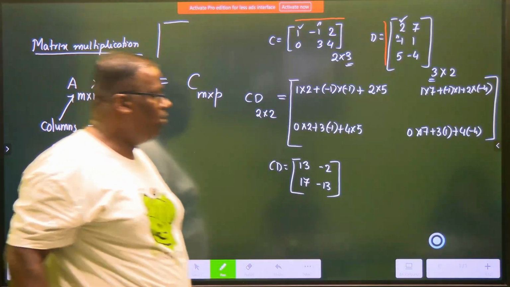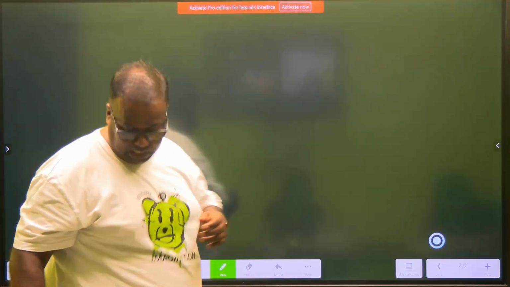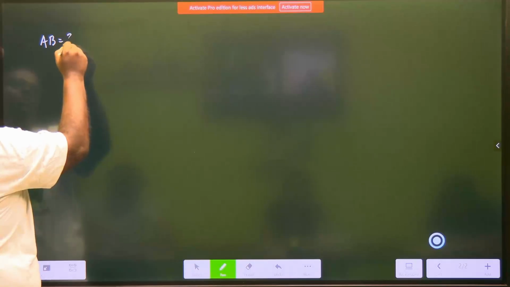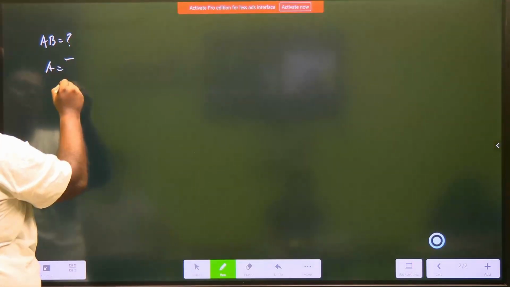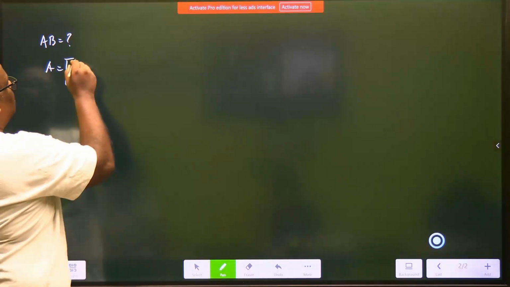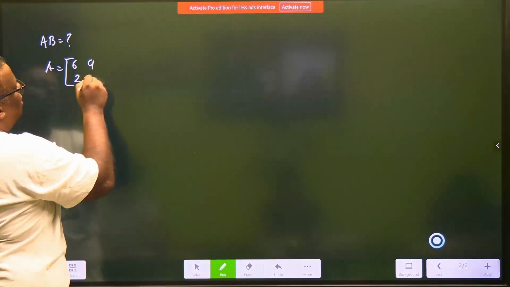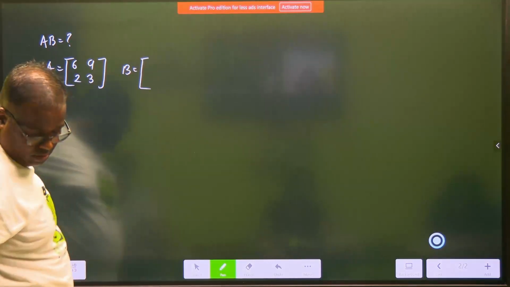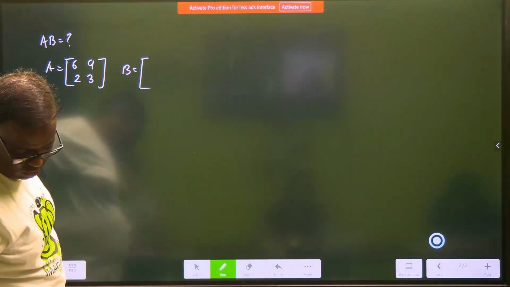Shall we do one more now? Chalo, let's do one more. A is a matrix. You need to find AB, children. Find out the value of AB. Given that the matrix A is a 2 by 2 matrix: 6, 9, 2, 3. And we have matrix B, which is given by 2, 6, 0, 7, 9, 8.